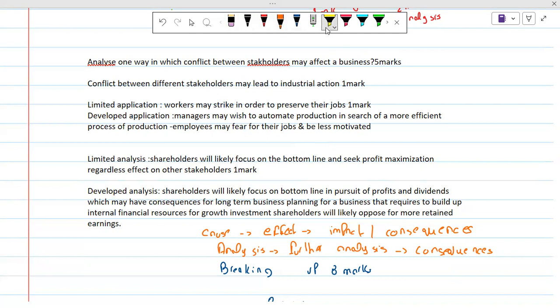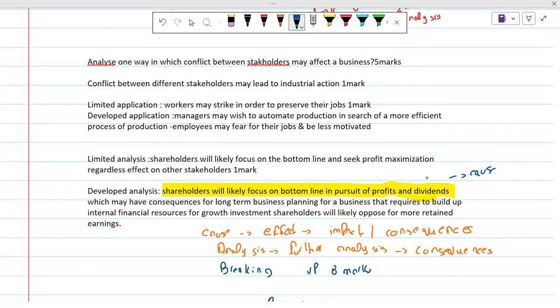So we can say that this is basically the cause of the conflicts, the reason why conflict is created: shareholders only focus on the bottom line.